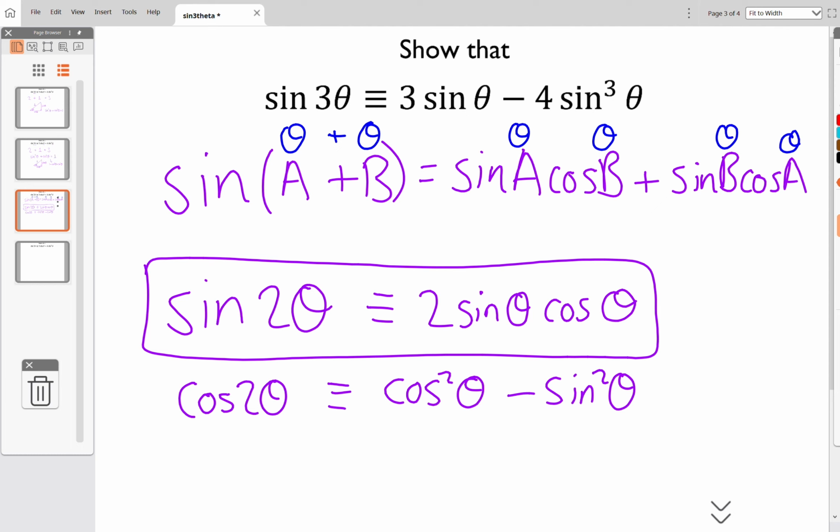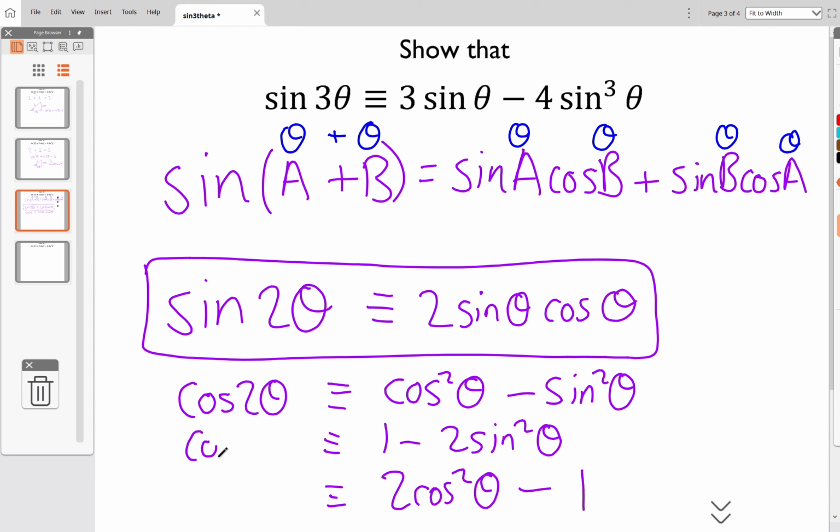So if we change cos squared to 1 minus sine squared, we can actually get this one, and we can actually get this as well. If we swap sine squared for 1 minus cos squared, we get this. So when you're doing manipulation with these trig identities, the sine one is really nice because there's only one option you're ever going to choose, and the cos one is nice because it's versatile, so you've got these different options.